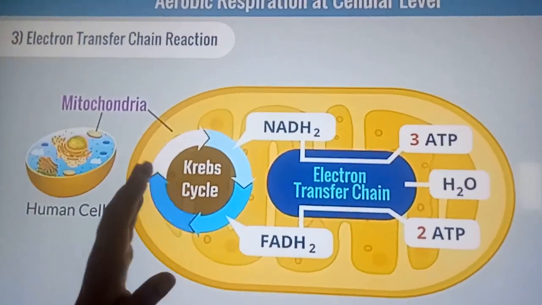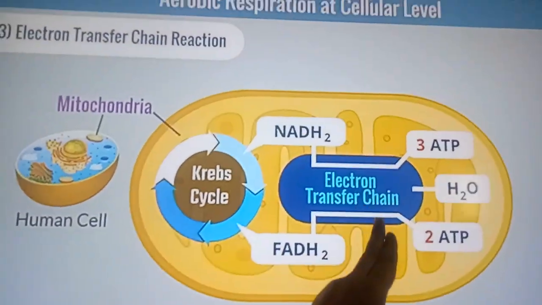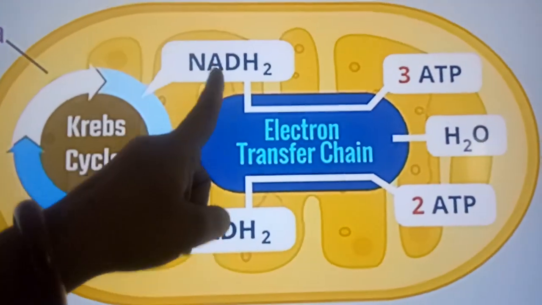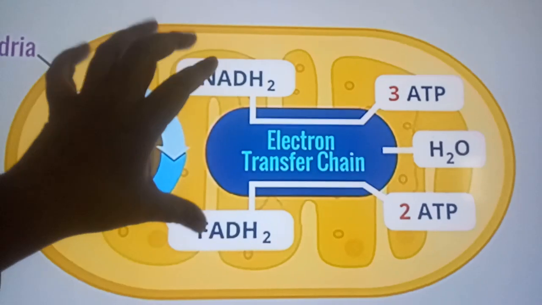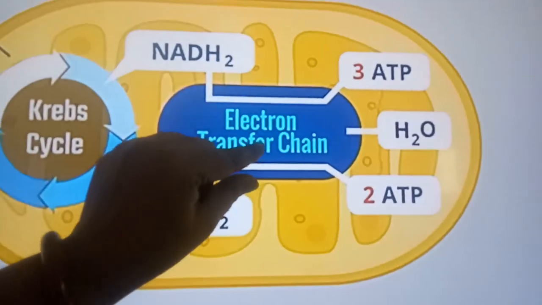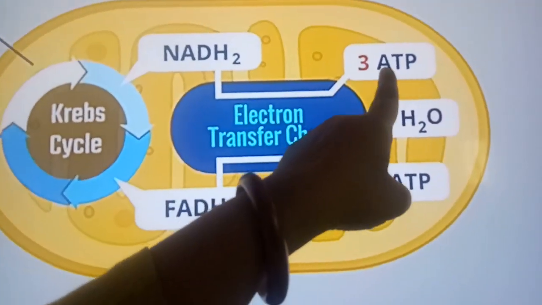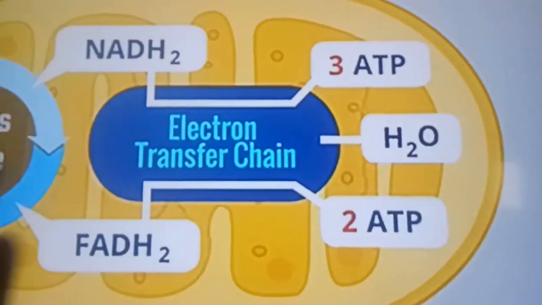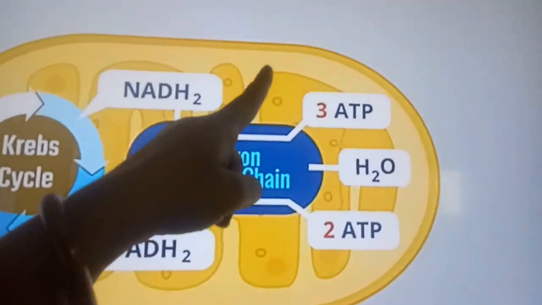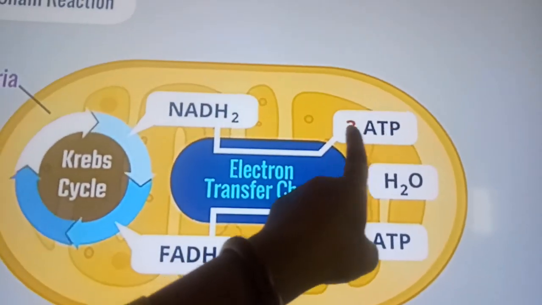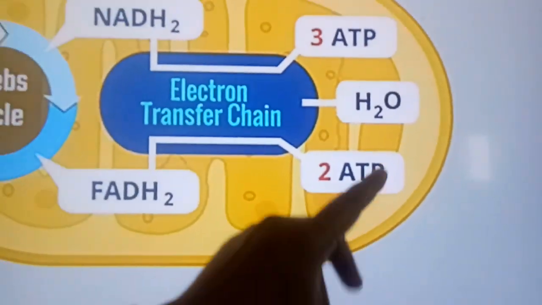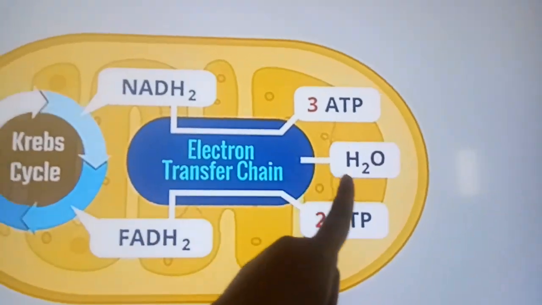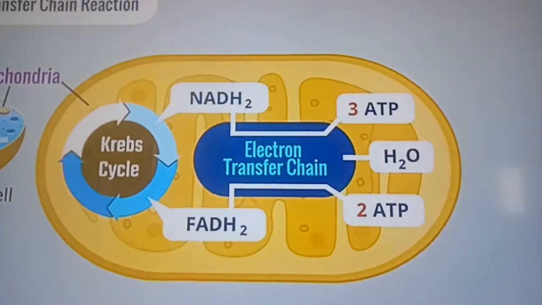NADH2 and FADH2 are formed in the Krebs cycle, and they undergo the electron transfer chain, in which ATP is produced. NADH2 will convert into 3 ATP molecules and FADH2 will convert into 2 ATP molecules, and in both processes water is also produced.